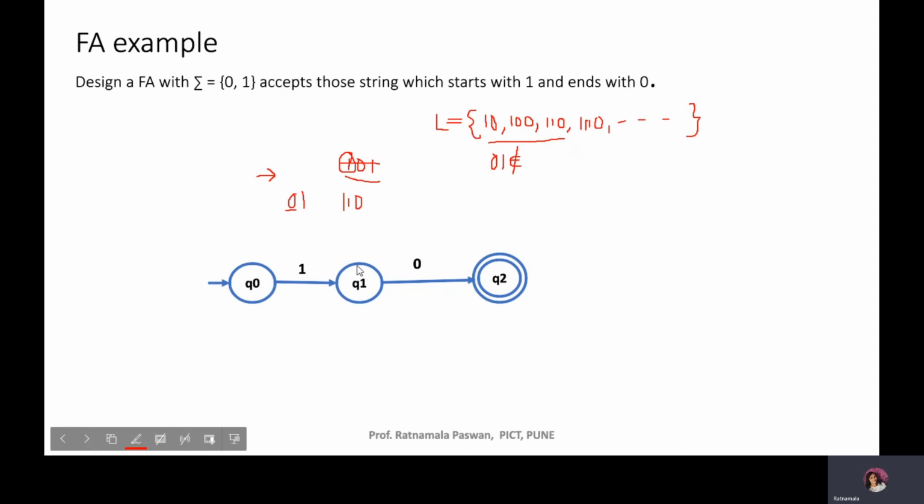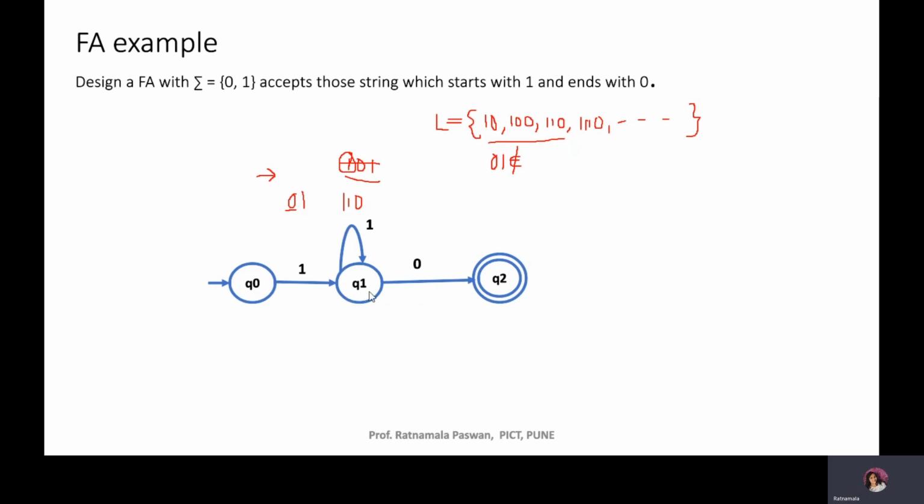So what we have to consider here from Q1 is that if there are consecutive ones, the FA must stay in the same state. This is given by the self loop for any consecutive ones. The finite automata remains in the same state, that is Q1.